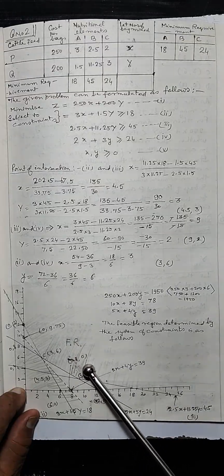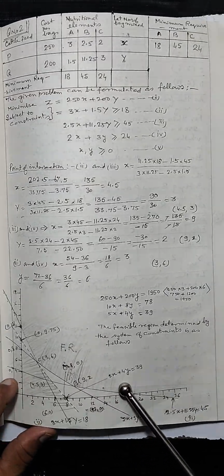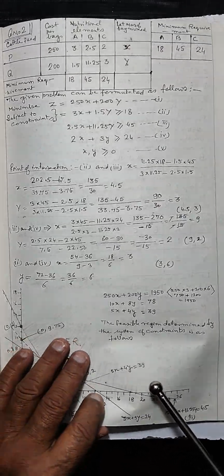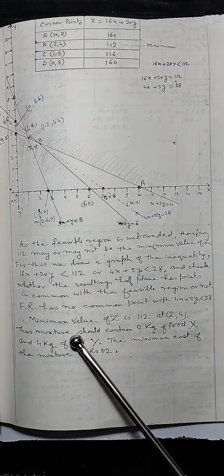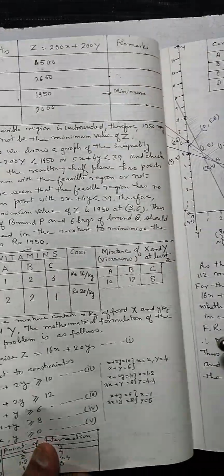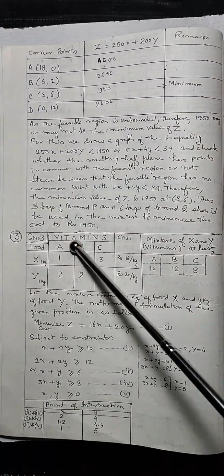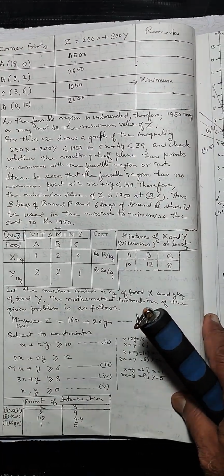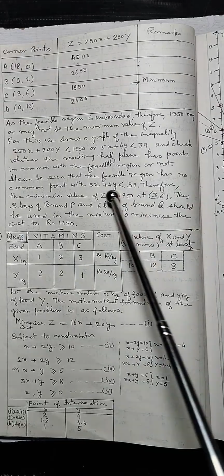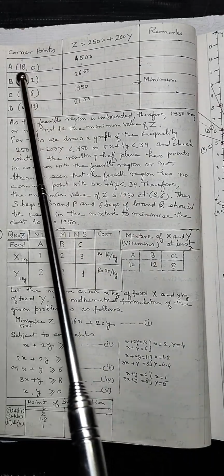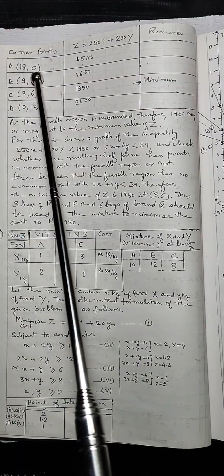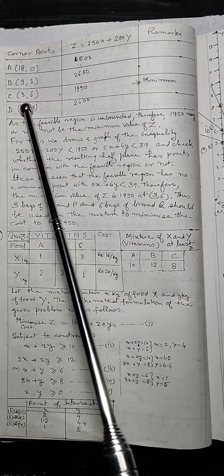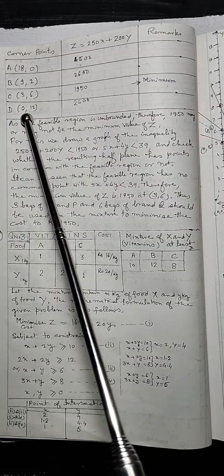Now here you will see that with the help of this information we can plot the graph; you can make the table. The corner points are E (18, 0), B (9, 2), C (3, 6), D (0, 12).